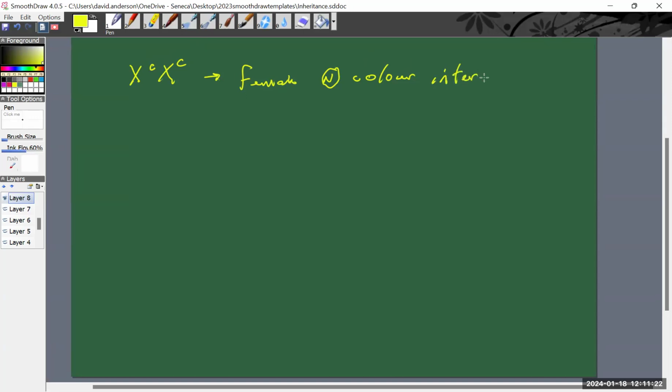So not colorblind. So in this example, we're talking about red-green color blindness.